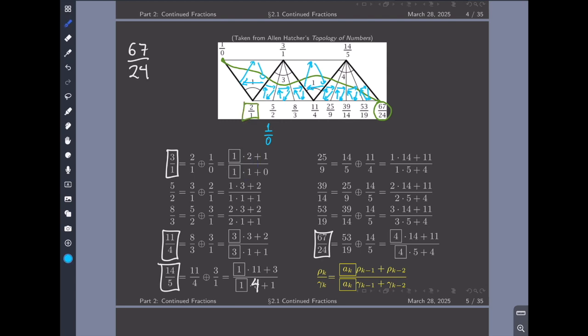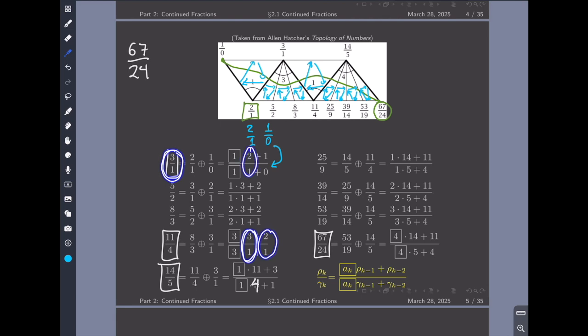So it's the integral part, so it's 2/1 here, and then after that, I notice 3/1 appears here, and this one is the previous one.